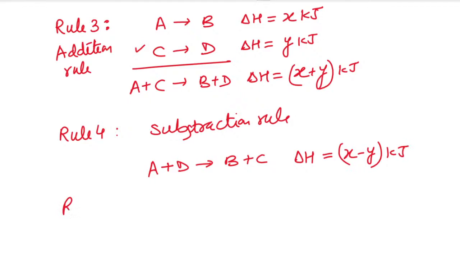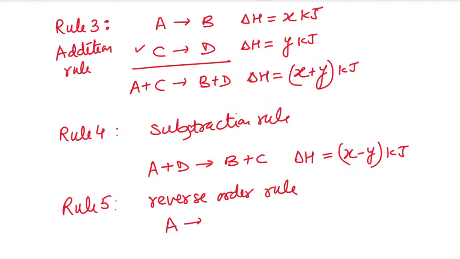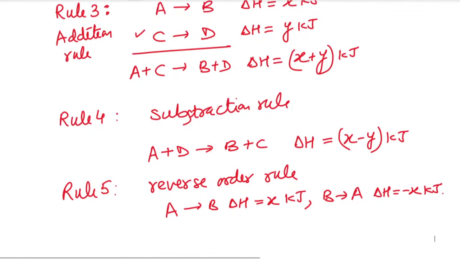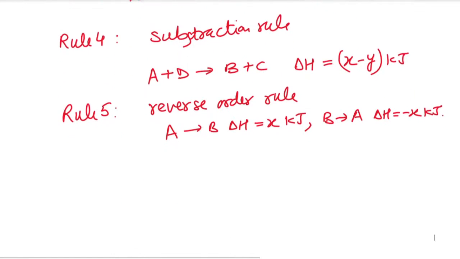Rule number 5, the reversal rule. A to B, delta H is X kilojoule. So B to A, delta H becomes minus X kilojoule.